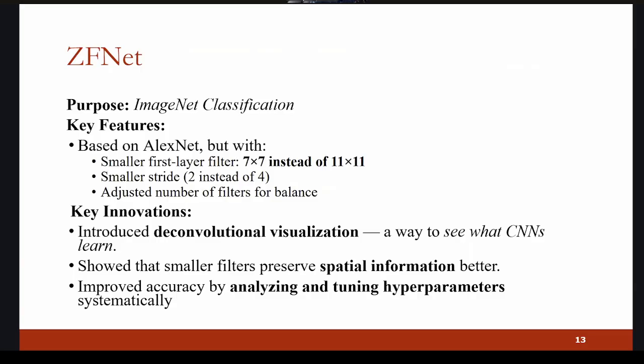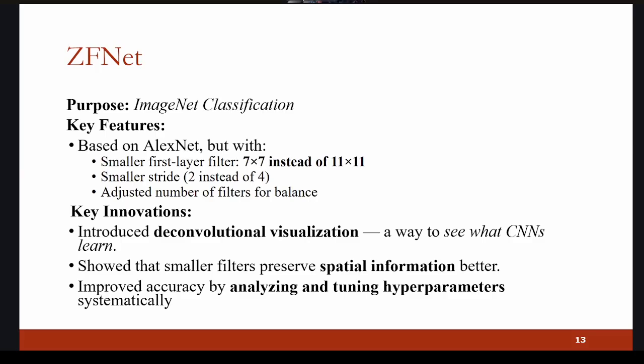Next comes ZFNet. This is based on the AlexNet architecture only, but the concept they have introduced is, instead of having a large filter size of 11 cross 11, they have reduced the filter size to 7 cross 7, and they were able to see that when reducing the filter size, they were able to capture good low level features.